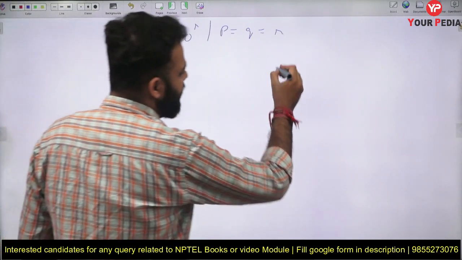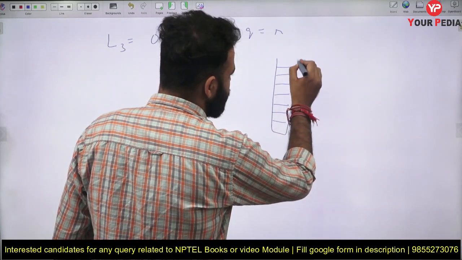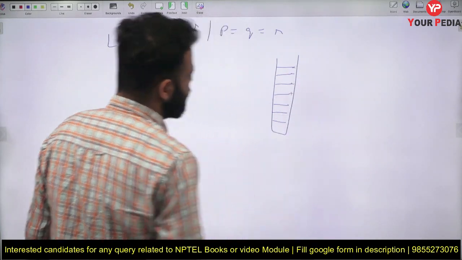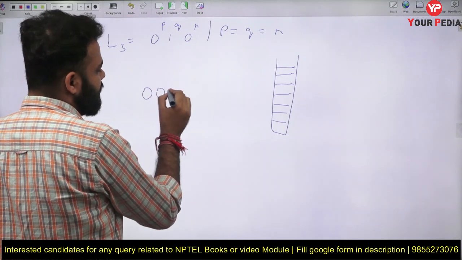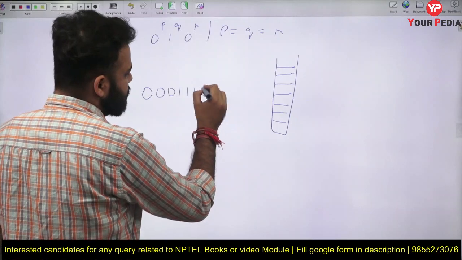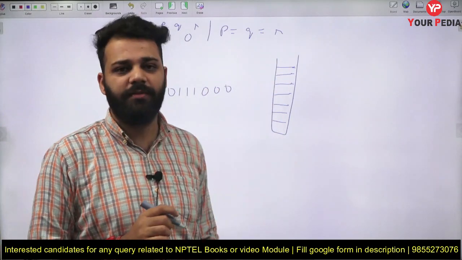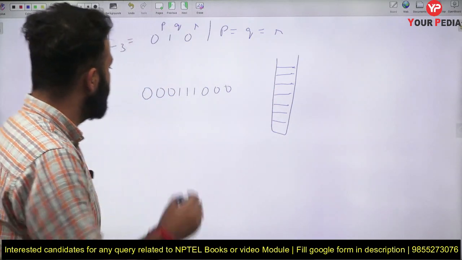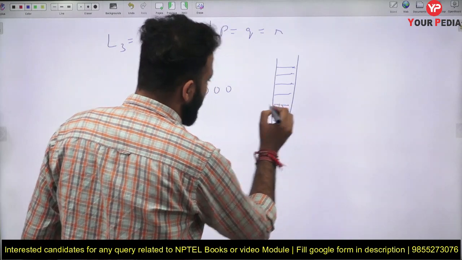So let us take a stack, one stack. Let us take an example 0 0 0 1 1 0 0 0. So if you have to count, you have to push some zeros in here. So let us assume we push these three zeros here, 0 0 and 0.